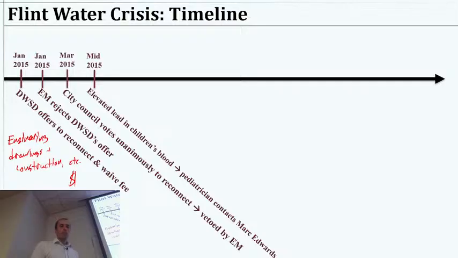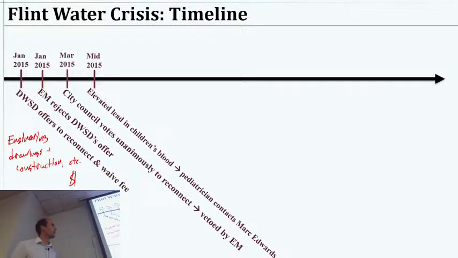So sometime mid-2015, I think it was probably May or June, there was a pediatrician who recognized in that area that there was an alarming elevation of blood lead levels in children's blood, who were her patients in that area. And this was shocking enough.